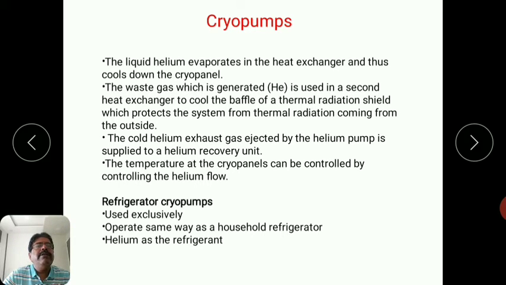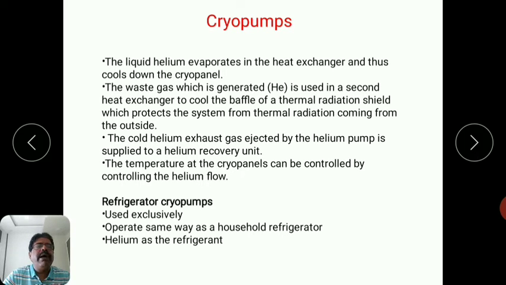The temperature at the cryopump can be controlled by the flow of this liquid helium, therefore it is called a continuous flow type of cryopump. Okay, so let us now discuss the third type, the refrigerator cryopump. The word refrigerator is used because its operation is just like a household refrigerator.